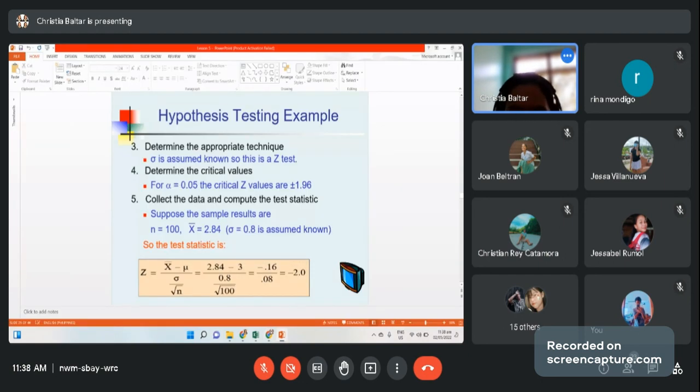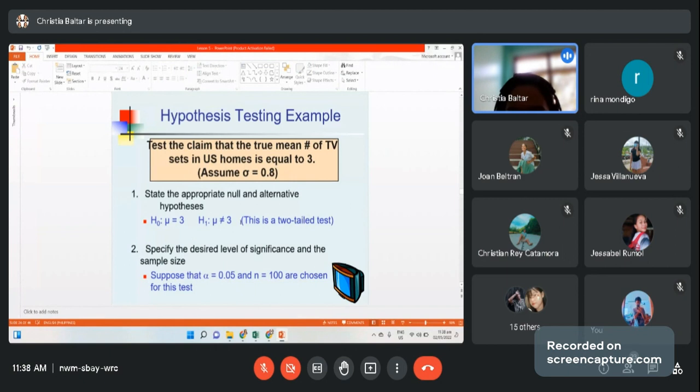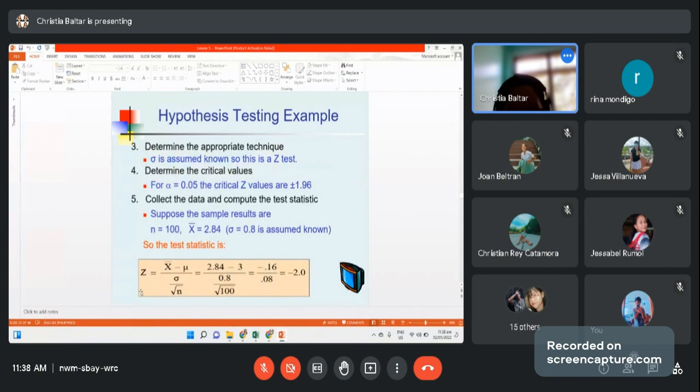Let us go back to our problem. This is 0.05, so this is not supposedly 1.96, no? Unless this is not a two-tailed test. So this is a two-tailed test. So what will be our critical values?